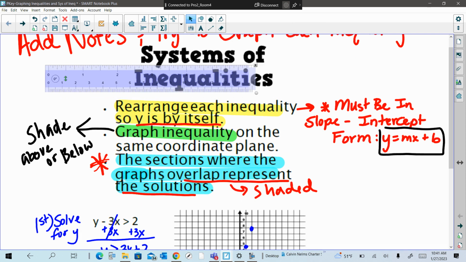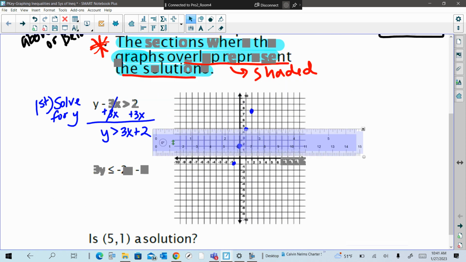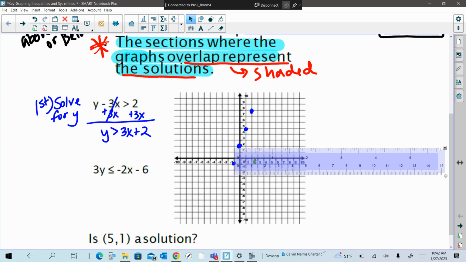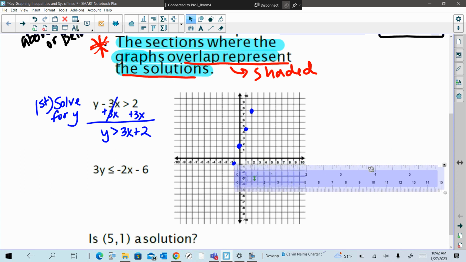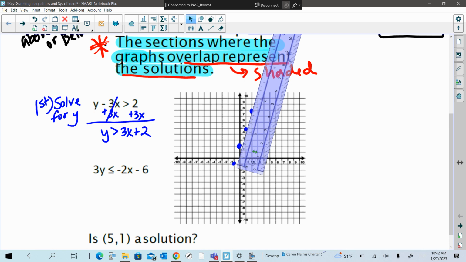What type of line? Yeah, this is going to be dash. All right, so let me rotate it so they line up. Right through there. We put a dotted line there. Yep, dotted line.